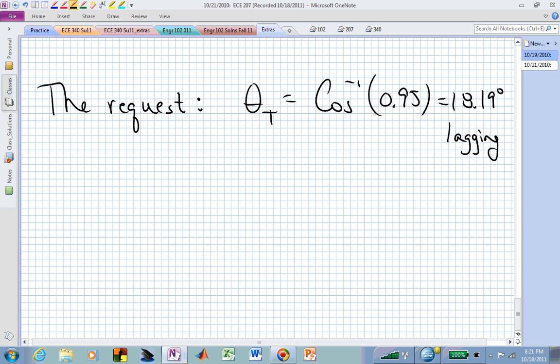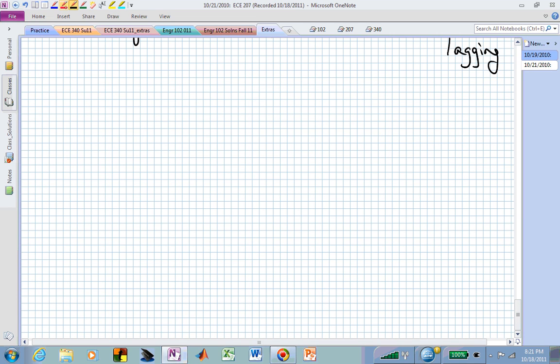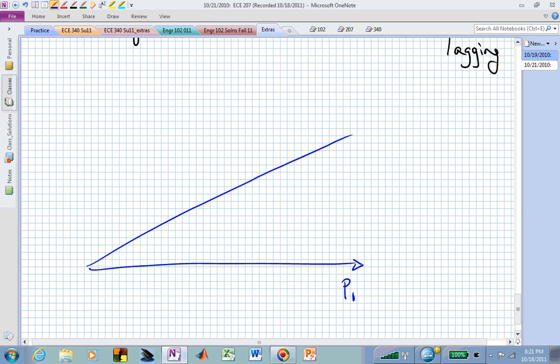Our picture is what we had described before. Again, we have, beginning with P1, Q1, and S1. Also, this theta 1 of 36.87 degrees.